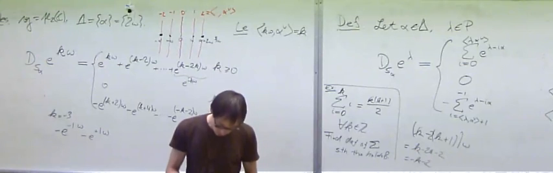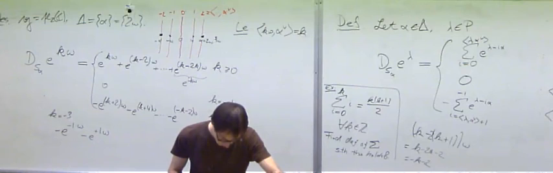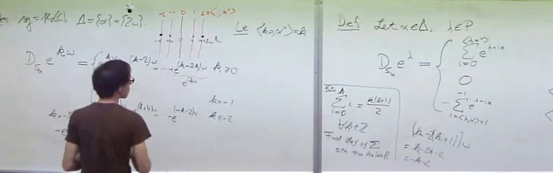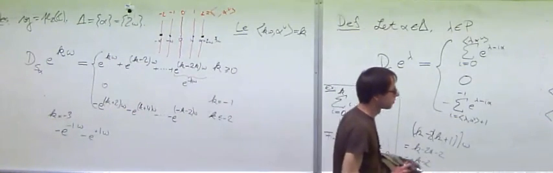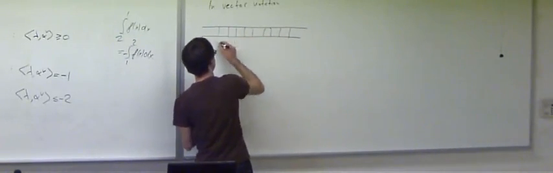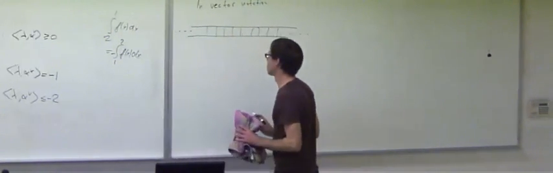But maybe it becomes clearer when we think about these as infinite row vectors. Right, so this is an infinite row vector.